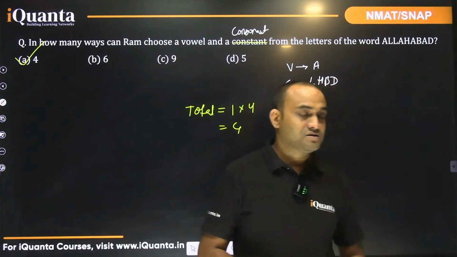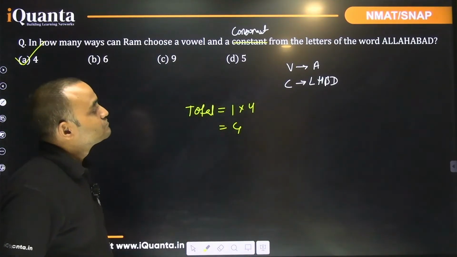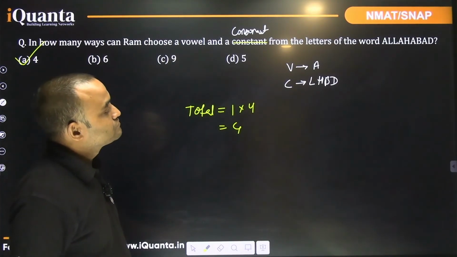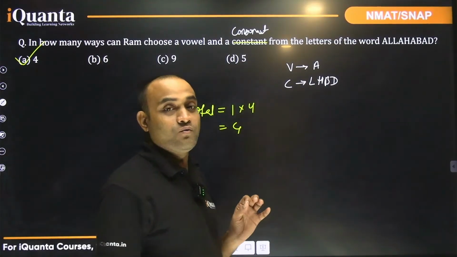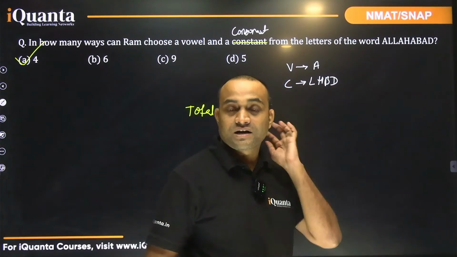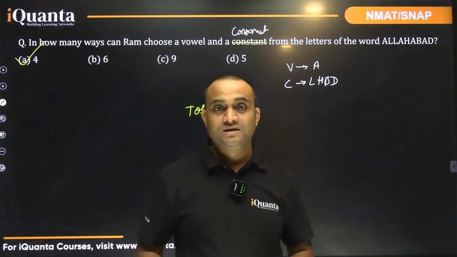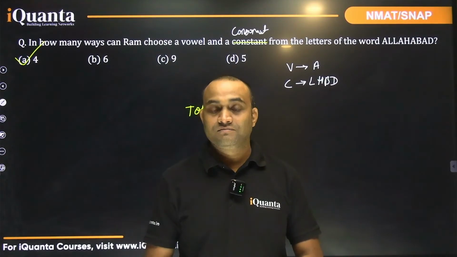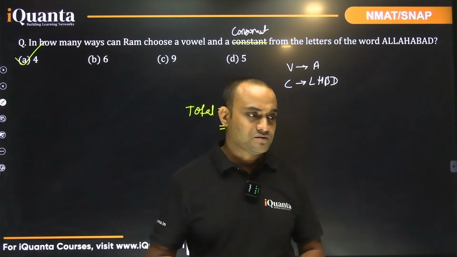Priyam and Shefali got this correct, right? We will choose L only once because we need to take only one consonant. So out of 2 L's, in how many ways can you choose one L? Only one. But both the L's are similar, right?